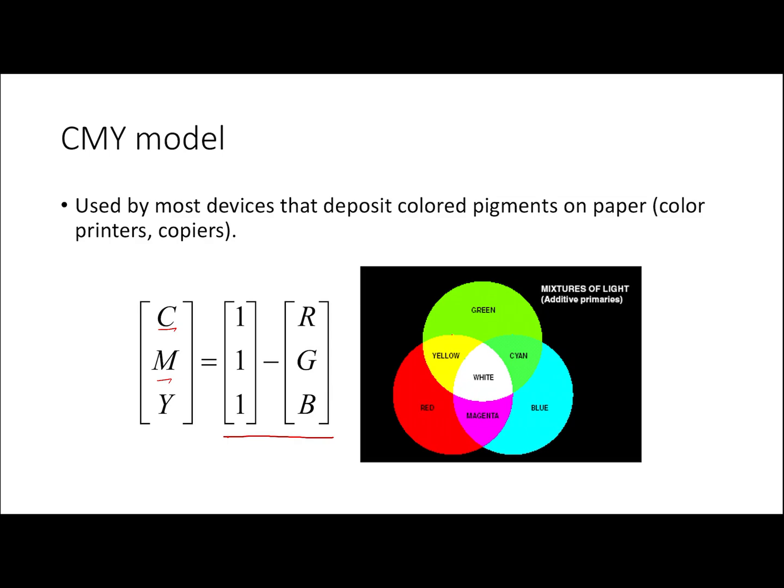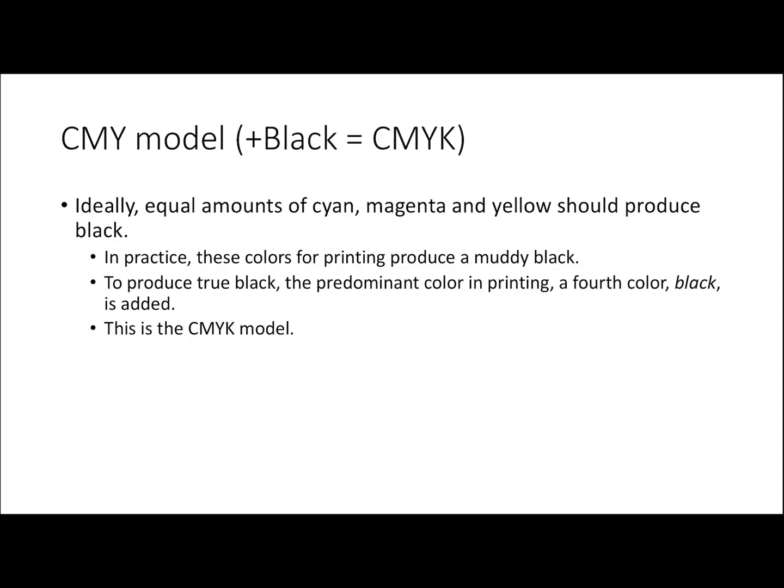If we mix cyan, magenta and yellow in equal proportion, then we get black color. But in practice, what we get is not pure black, but a muddy black.